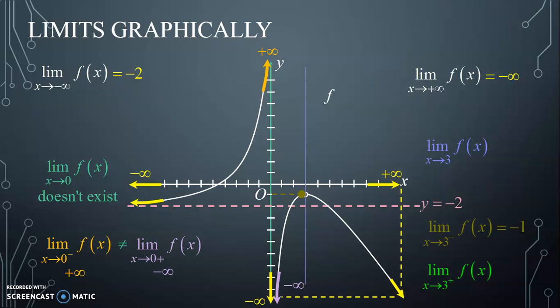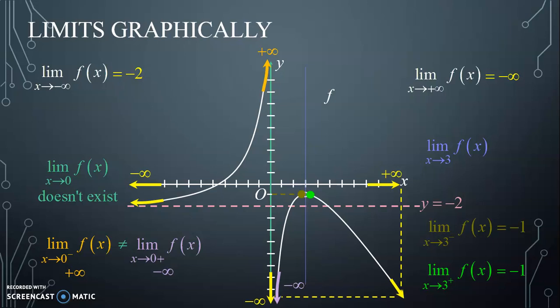Now to the right of x equals 3. If I were to plot the point on the curve immediately to the right of x equals 3, I can see that I also have a point with the same y value equal to negative 1. So the limit when x is approaching 3 plus of f of x is equal to negative 1.